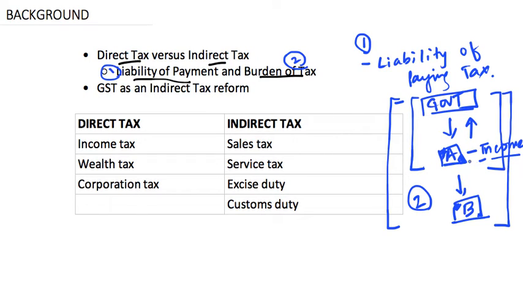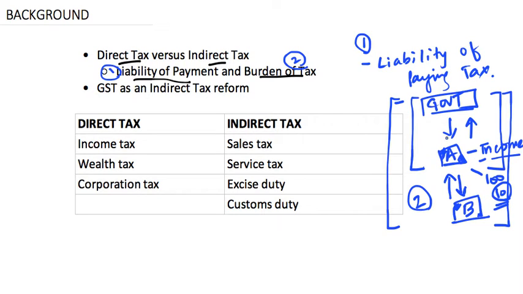Let's take an example. If A is a retailer who sells certain goods, he sells goods to B, B pays money to A, which includes certain tax. If A sells goods worth rupees 100 to B, which includes tax of rupees 10, then B is the person who has paid this 10 rupees of tax.